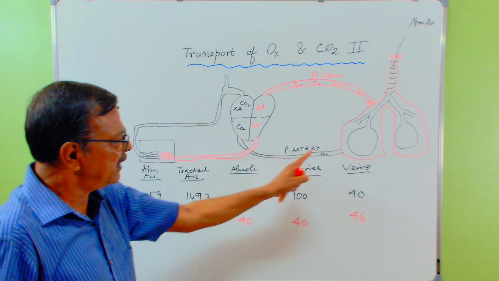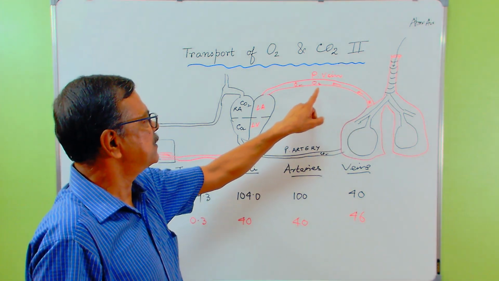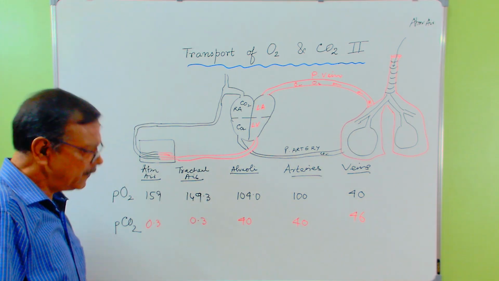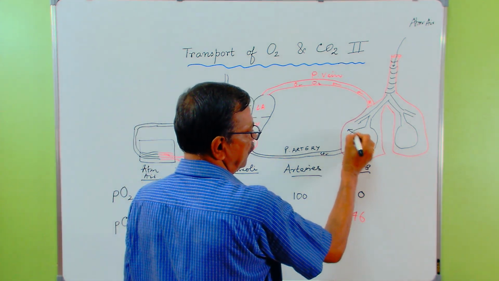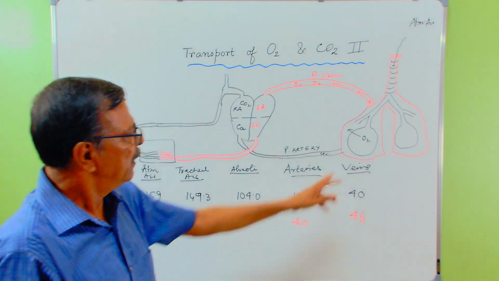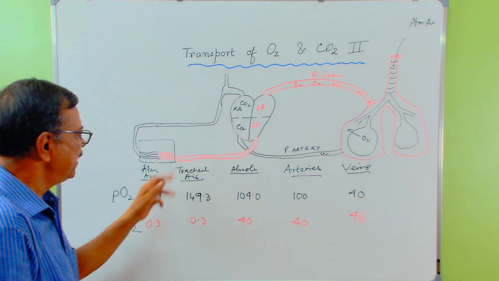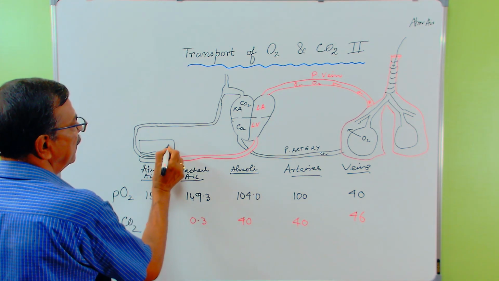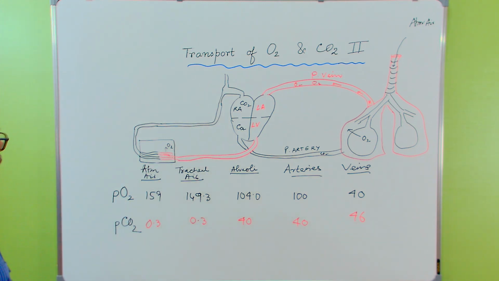So this pulmonary artery forms a network and it picks up the oxygen, and with oxygen it goes and supplies here. So here oxygen is taken in. I have told you earlier, this is the entry point of oxygen. This oxygen travels here. This is a pumping station, travels here, and this is the exit point of oxygen.